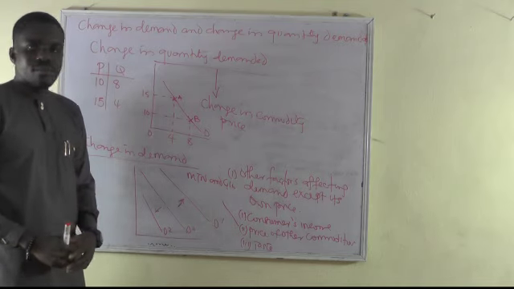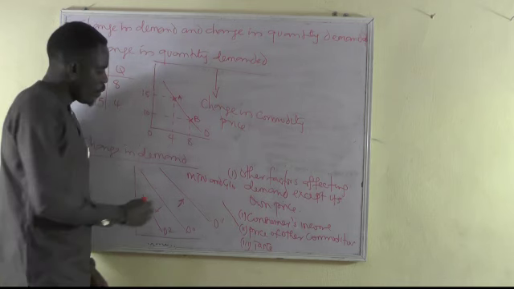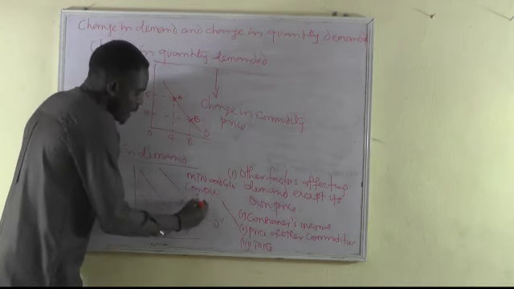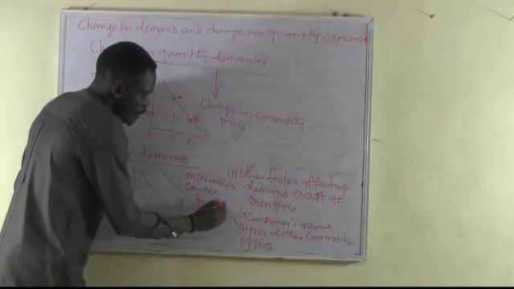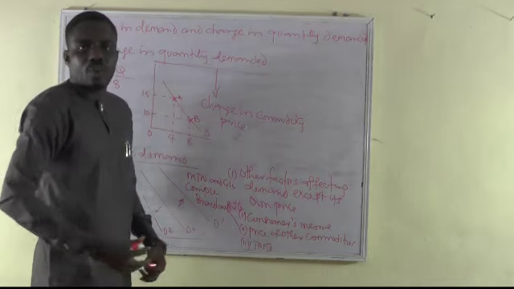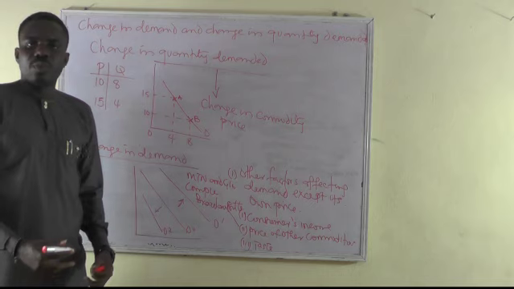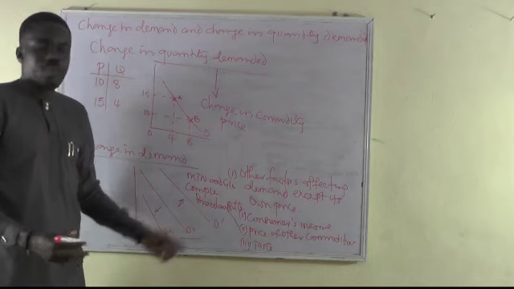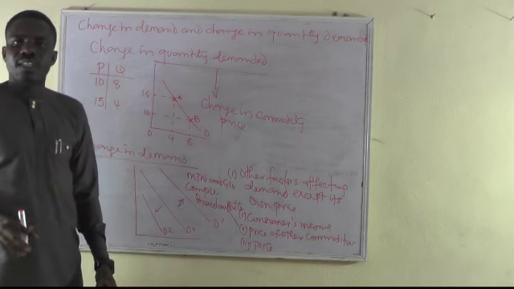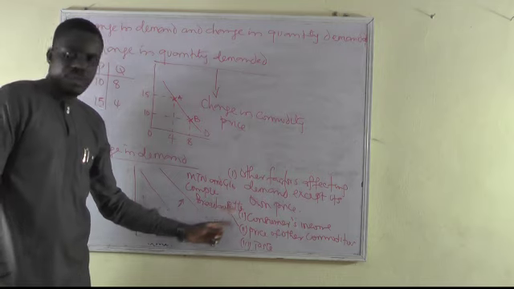On the other hand, for complementary good, we can use bread and butter. Bread and butter are complementary goods. When the price of bread increases, it will be an unfavorable factor to butter because the demand for butter will reduce. So if the price of bread increases, demand for butter will reduce.